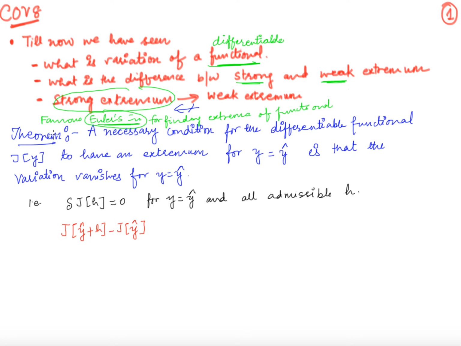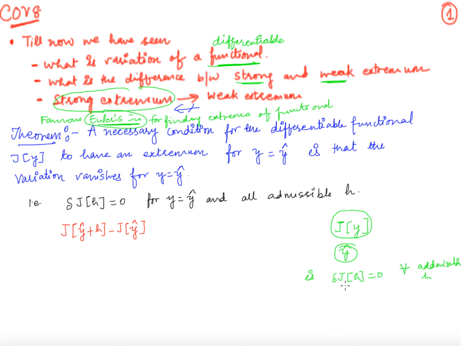The first theorem I'll prove is about this functional J of y. We will prove that if this functional J of y has an extremum value at y tilde, then a necessary condition for this functional to have an extremum at y tilde is that the variation of the functional should be 0 for all admissible functions h.